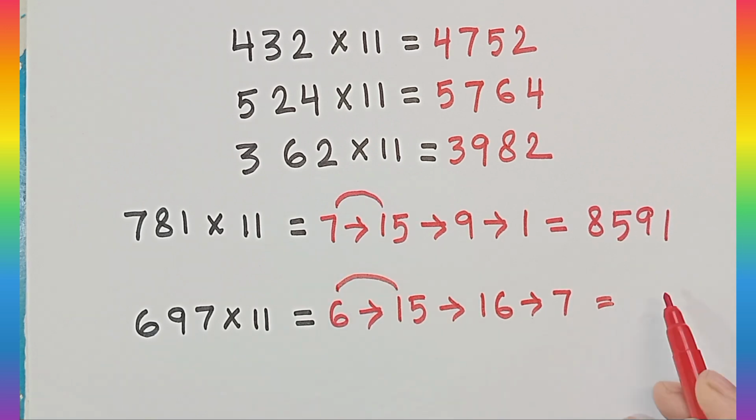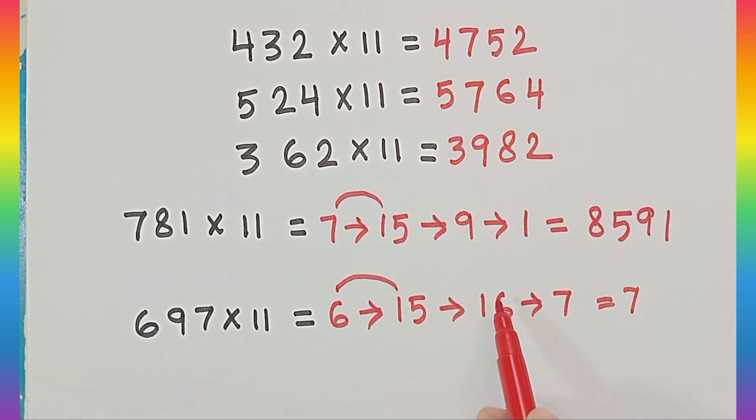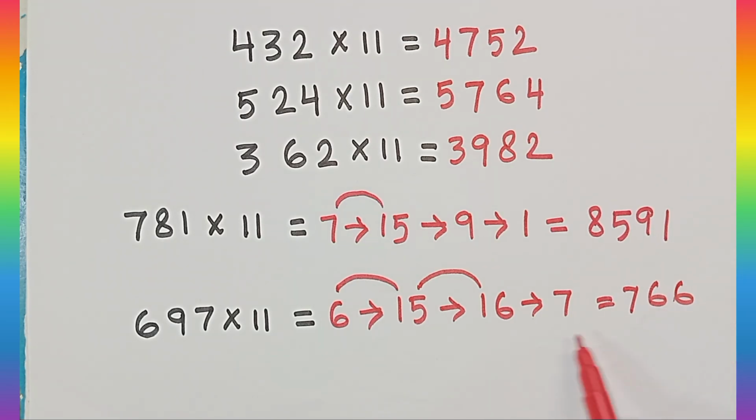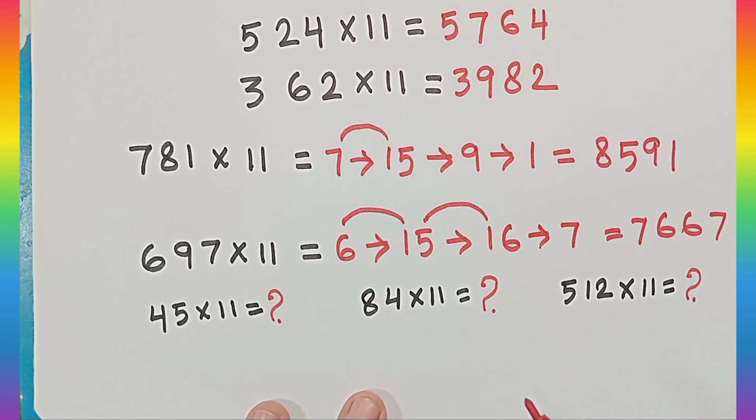Then 6 will be 7. From 16, you have to carry 1 to 5. Then 5 will be 6, so 7, 6 and 6, 7. 697 into 11 is equal to 7667.